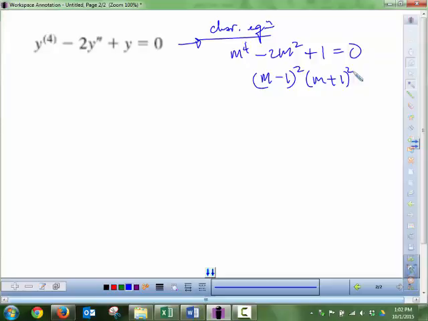Are we good with this? Did you do it on your calculator? M squared plus 1, m squared minus 1. Yeah.